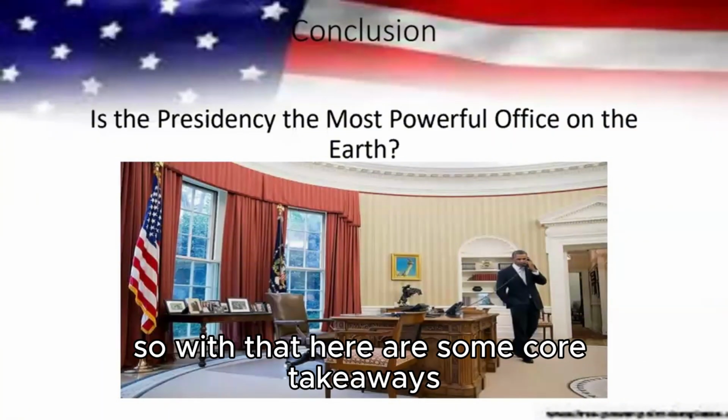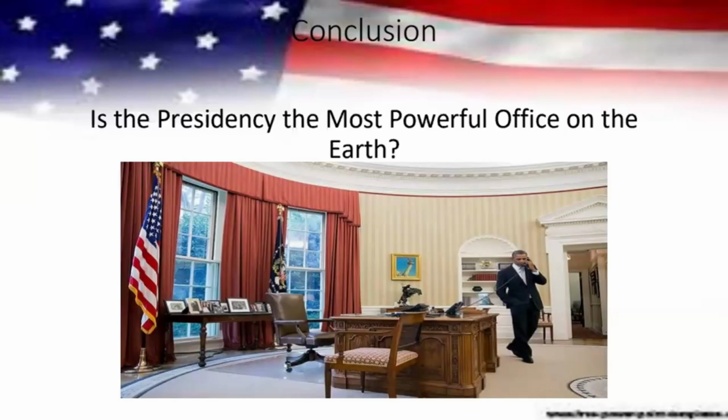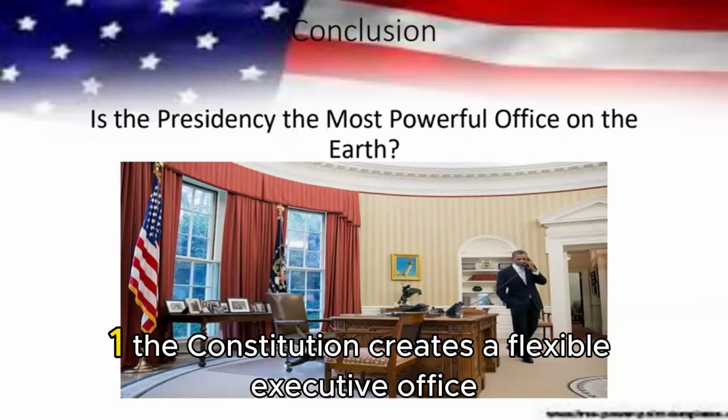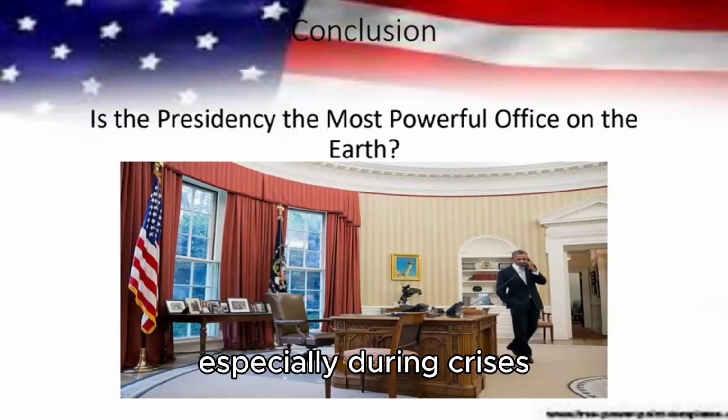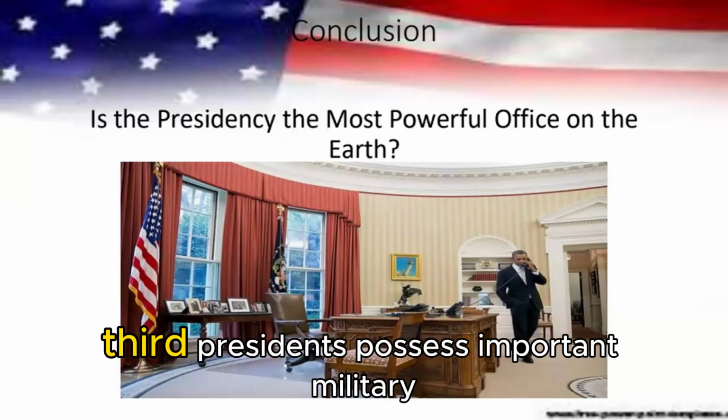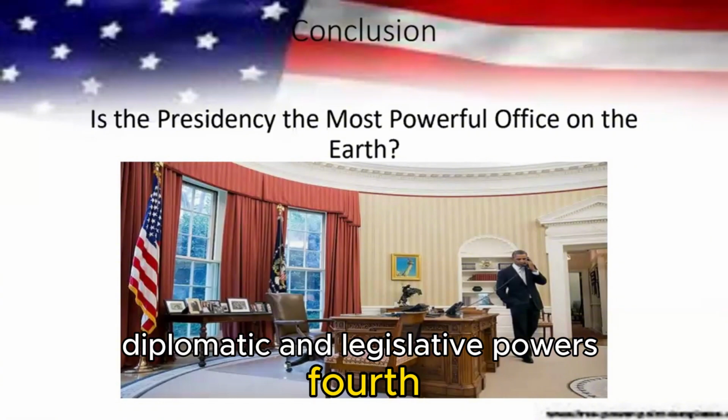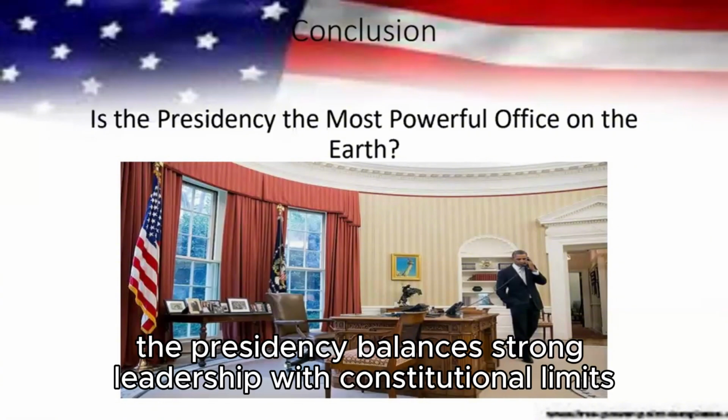So with that, here are some core takeaways. One, the Constitution creates a flexible executive office. Second, presidential power has expanded over time, especially during crises. Third, presidents possess important military, diplomatic, and legislative powers. Fourth, the presidency balances strong leadership with constitutional limits.